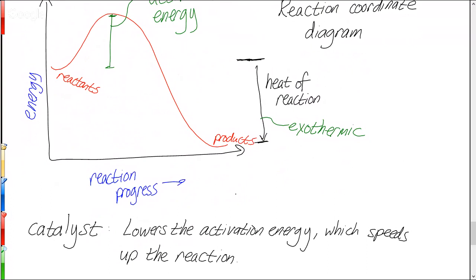And then another one is you can change the concentration. So you could change the amount of reactants you have. If you increase the concentration, do you think that speeds up the reaction or slows it down? You want to make a guess on that one? It speeds it up, yeah.